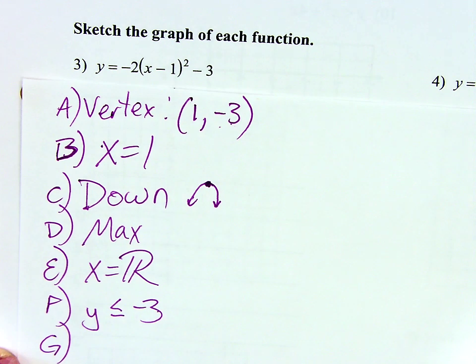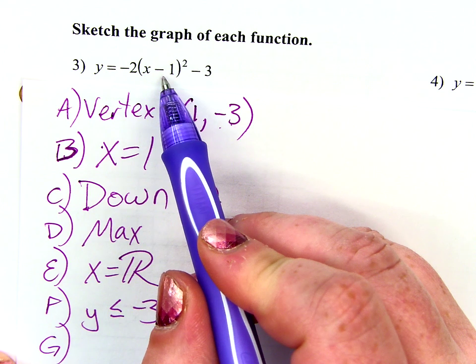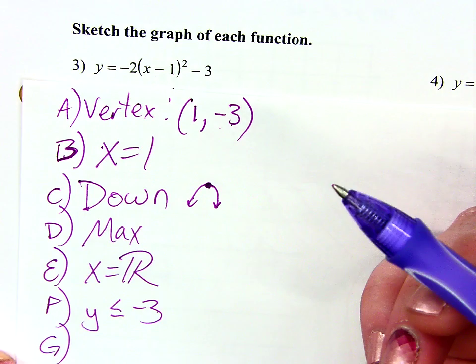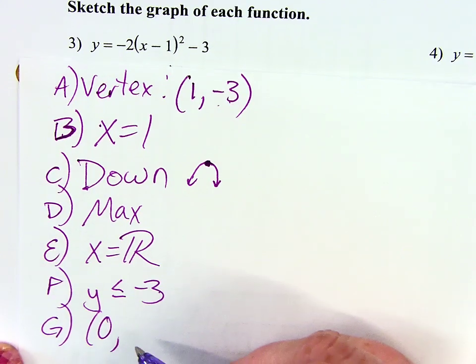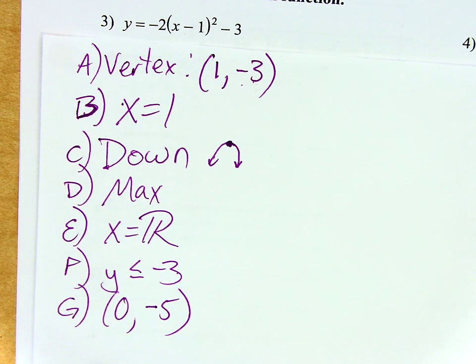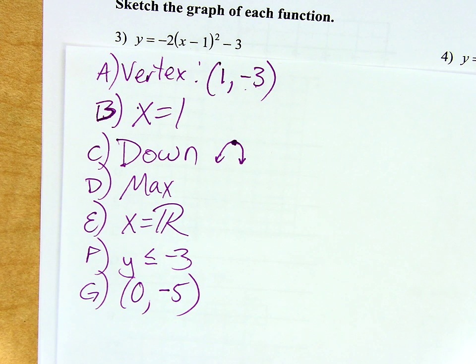For the y-intercept, you plug in 0 for x. So I just pop in a 0 for x. 0 minus 1 is -1. -1 squared is now +1, times -2 is -2. -2 minus 3 is -5. So feel free to do it out if you need to, but that's the idea. You just got to plug in a 0 for x and see what comes out.